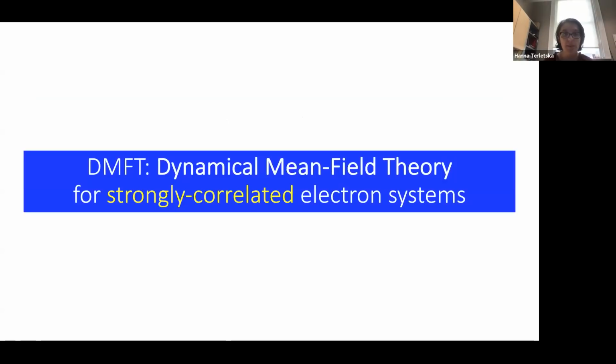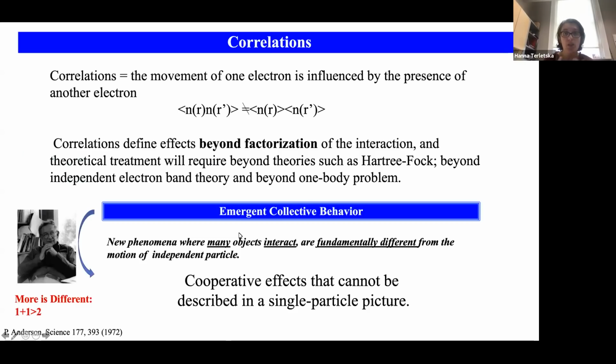Okay, so DMFT, dynamical mean field theory for strongly correlated electron systems. So I highlighted here correlated systems. So in general, what do you mean by correlation? In general, it can be that in the motion of correlated electrons, one electron is influenced by the presence of other electrons because they're interacting, right?